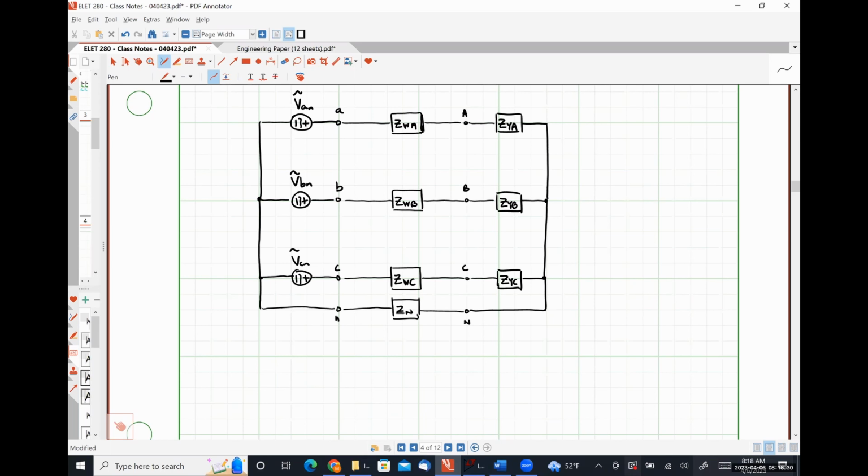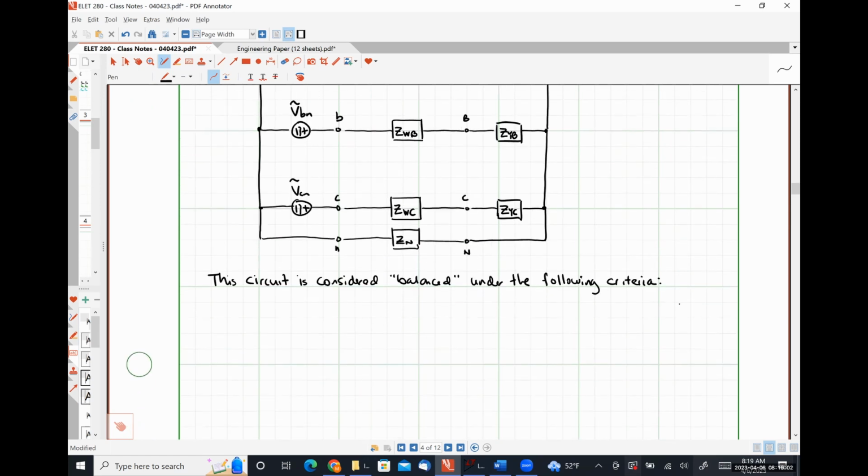This circuit is considered balanced under the following criteria. Let's start by talking about things on the source side.